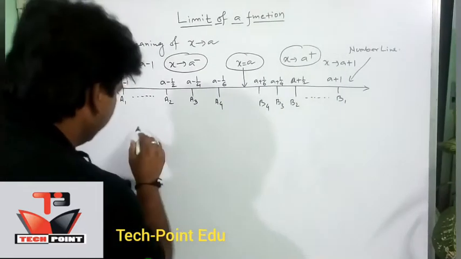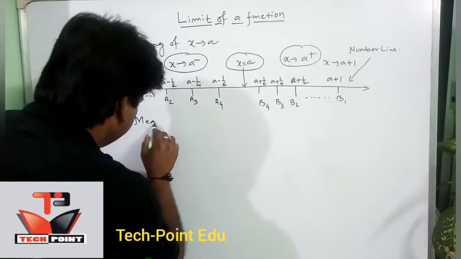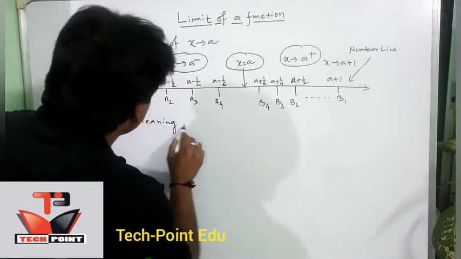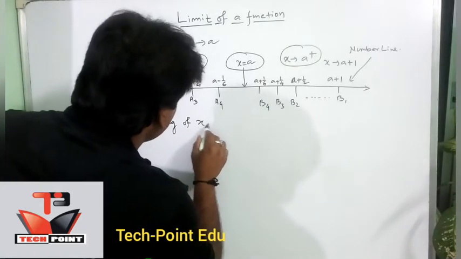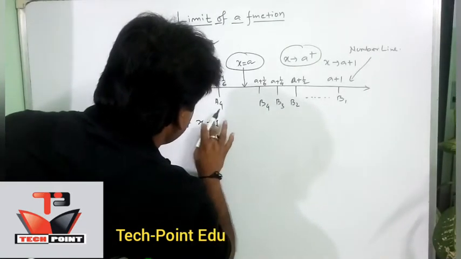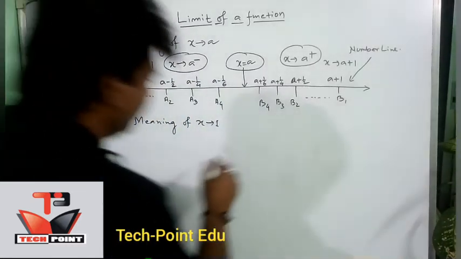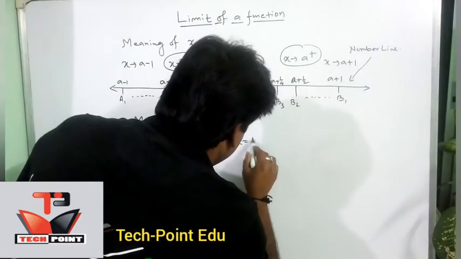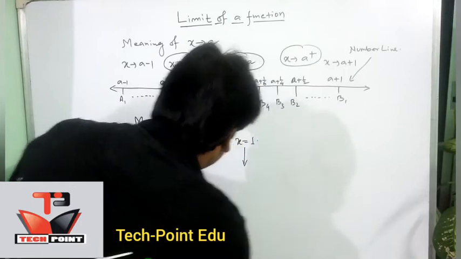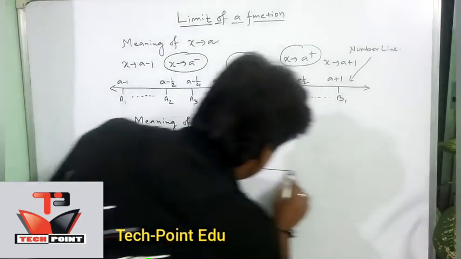Here is another meaning. Suppose x is equal to 1 or x tends to 1. What is the meaning of this? x is equal to 1, this one point. I have drawn the number line.